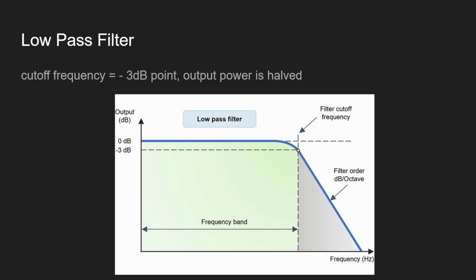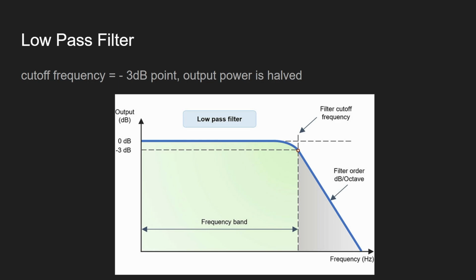So if we want to tell others the working frequency of this filter, we tell them the cutoff frequency. From where to where does this filter allow the signal to flow through?